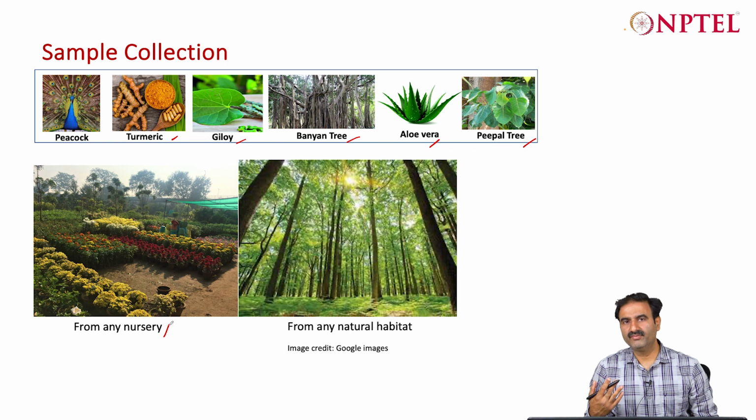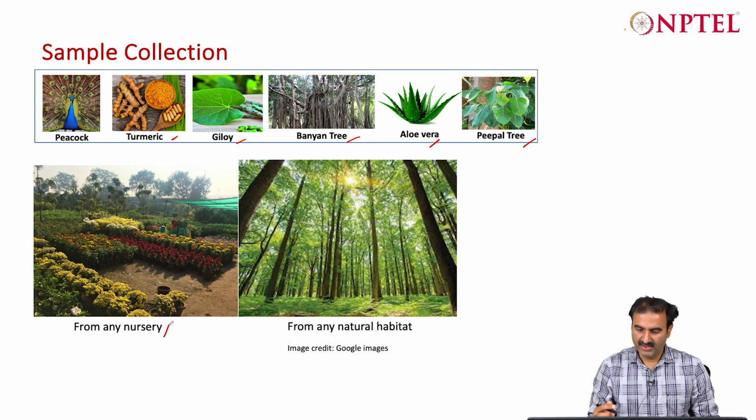But there you have to start from scratch. You have to look for new species if you are looking for, and morphologically first confirm, and then go for the molecular level confirmation, okay, from any natural habitat, right?